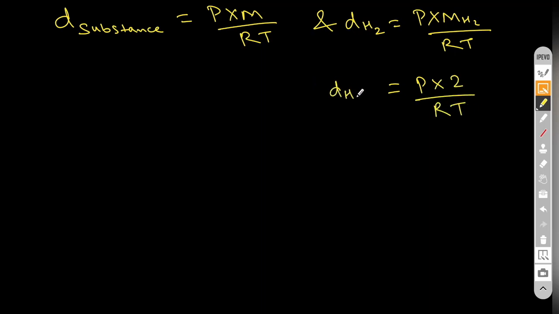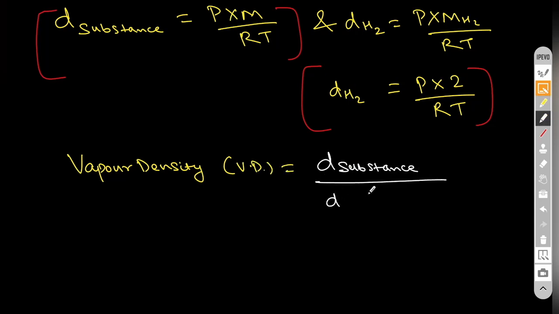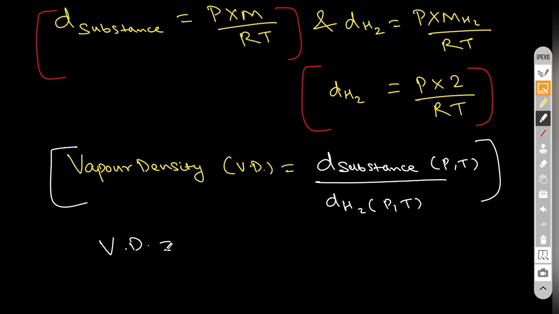Now we will write the formula of vapor density, which is Vd is equal to density of substance at some pressure and temperature divided by density of hydrogen at the same pressure and temperature condition. Putting the values, we have vapor density is equal to P times M divided by RT, divided by P times 2 divided by RT, which will be M by 2, molar mass divided by 2.